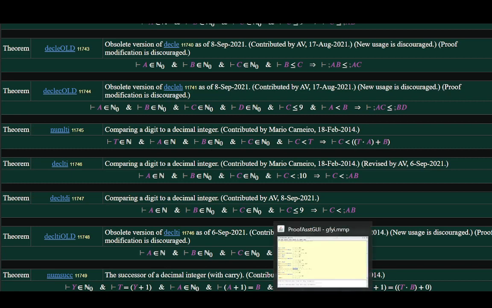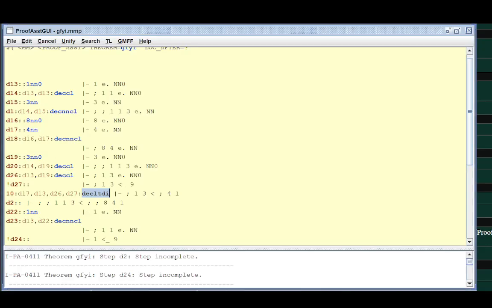So what am I trying to prove? I was thinking if I did 13 less than 41, but if I did 11 is less than 84, right, then I wonder if I can do 1 is less than 8, and then 11 is less than 84, and then 113. I wonder if that would work, right?